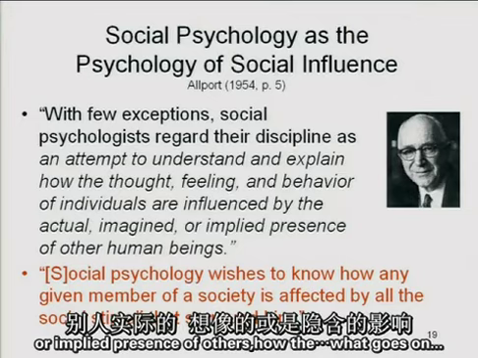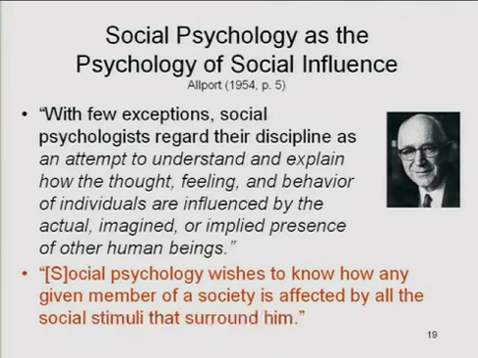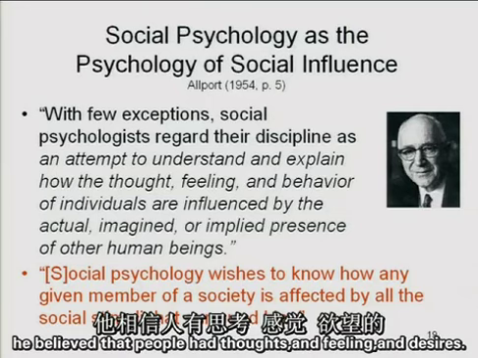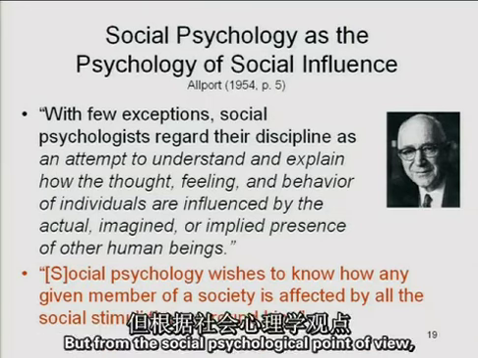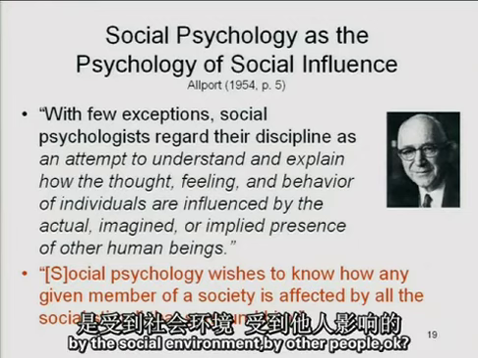Allport wasn't actually a behaviorist. He believed that people had thoughts and feelings and desires, but from a social psychological point of view, these thoughts, feelings, desires, and behaviors were influenced by the social environment, by other people.